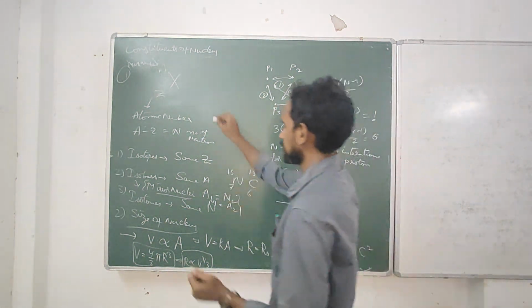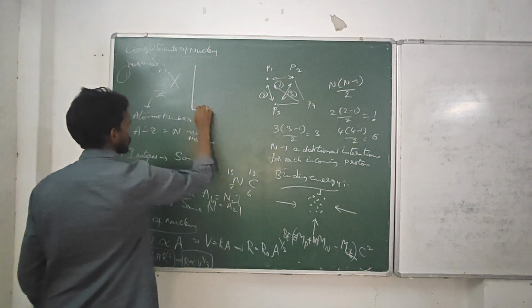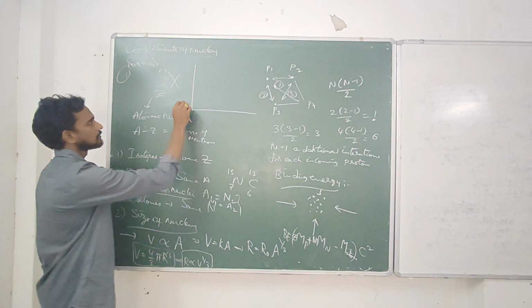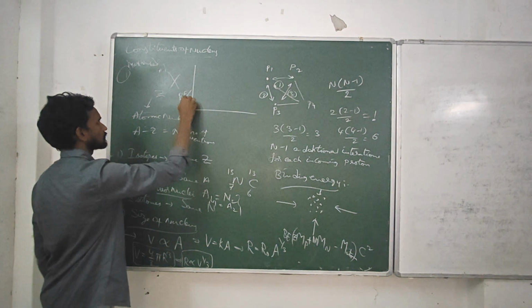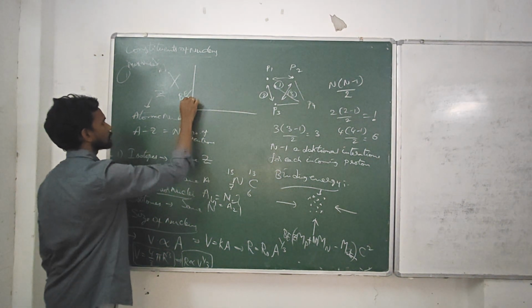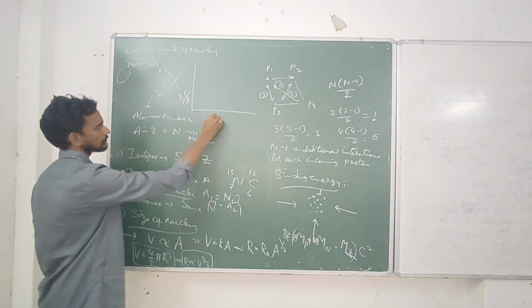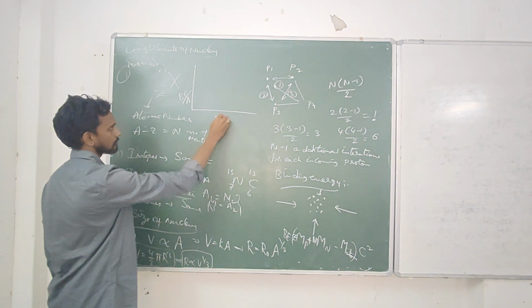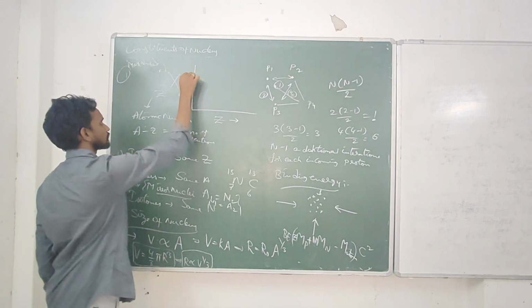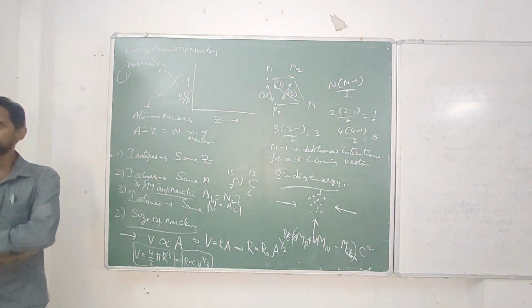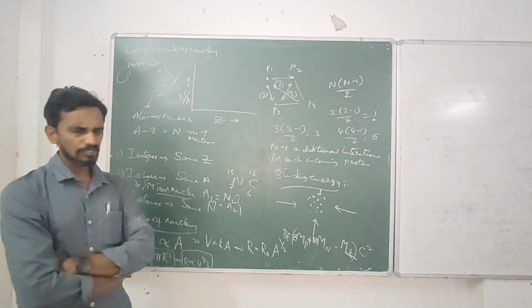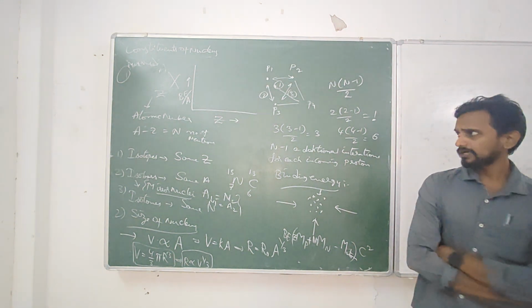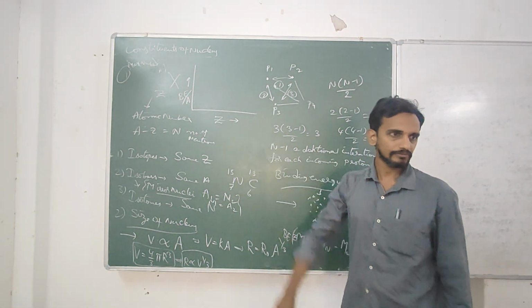So here comes the specific property: the binding energy curve. I take different sets of elements from the periodic table as a function of atomic number.